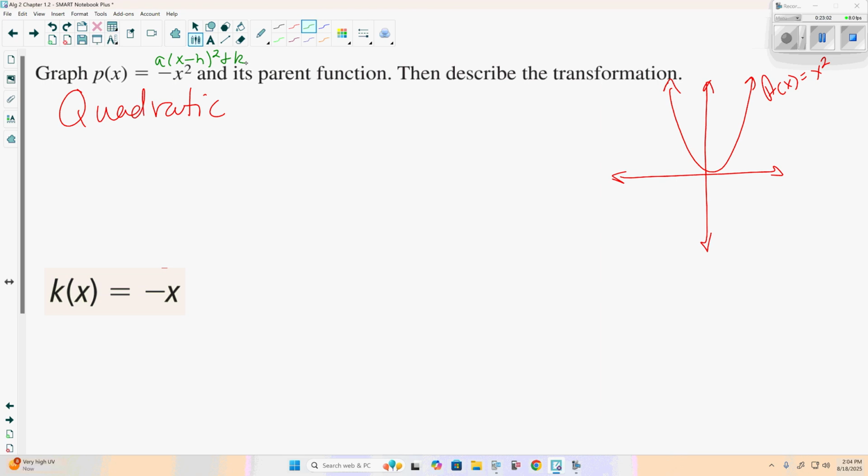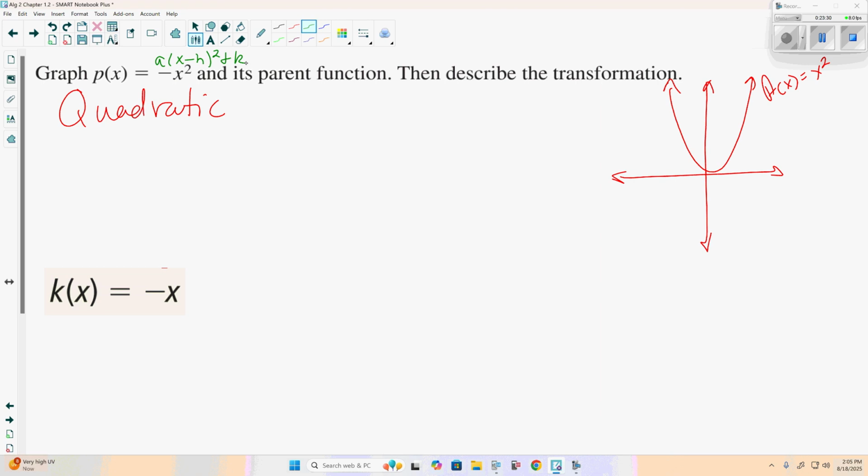General form. We don't have parentheses, so there is no h. There is no movement left or right. Do we have anything being added to it? No, so there is no value for k. There is no up or down movement. The only thing we have different from the parent is that a, where a is, it is now a negative. Since the a is negative, it is a reflection across the x-axis.